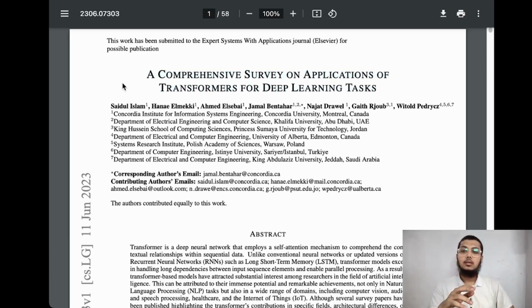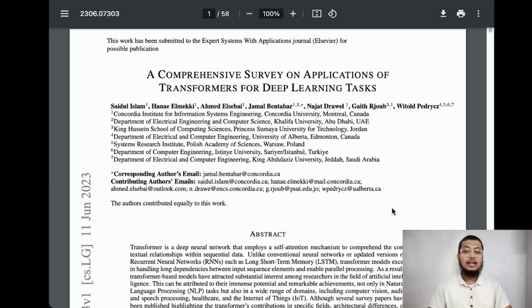This paper will give you detailed information, almost everything is covered in a single paper. Whatever transformer architecture is available, whatever transformer application is available under different categories. So I recommend you go to the paper also.